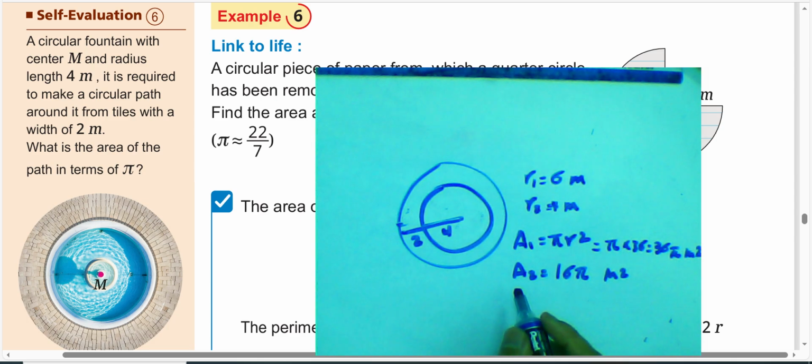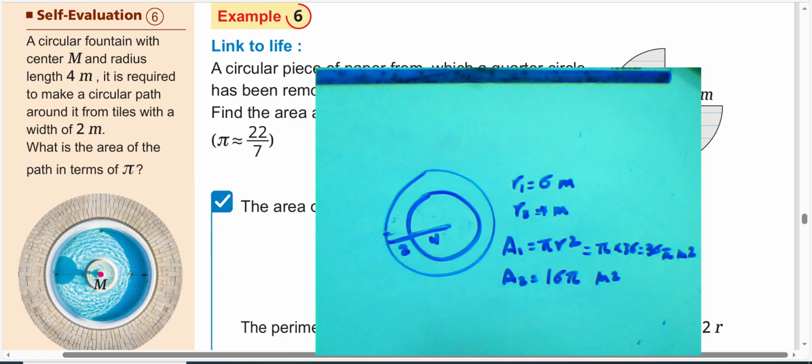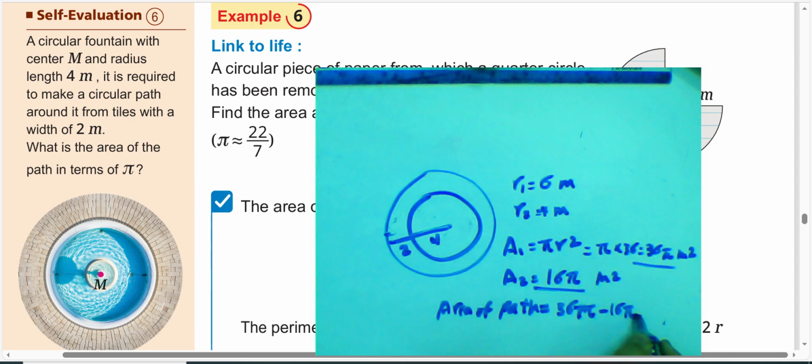Then the area of the path in terms of pi: we find the difference between the two areas, 36 pi subtract 16 pi. The result will be 20 pi. The difference will be 20 pi square meters. Understood?